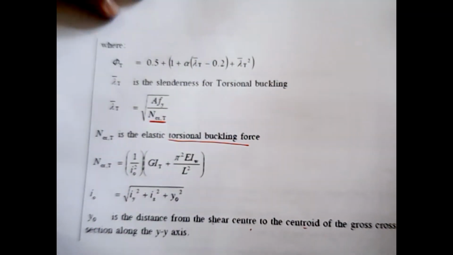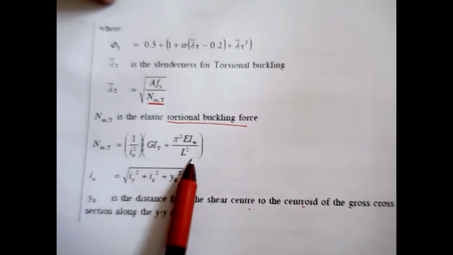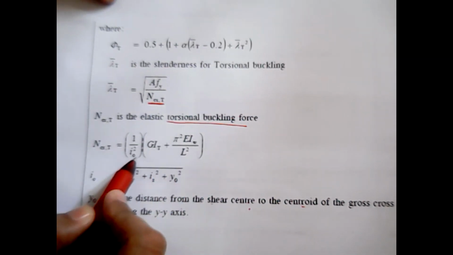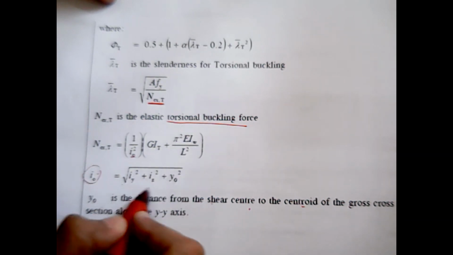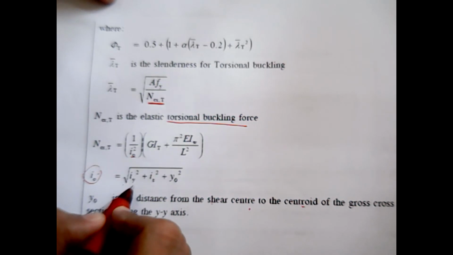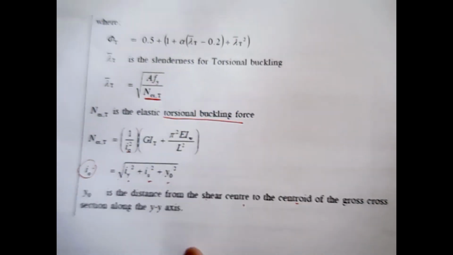Okay, so how can you get the elastic torsional flexural buckling force? Let's look at your notes. So here are the equations for you to get the torsional buckling force. This is something interesting where you need to find, here is equivalent to these equations. I is the radius of gyration, but y exists, z exists, and y naught.